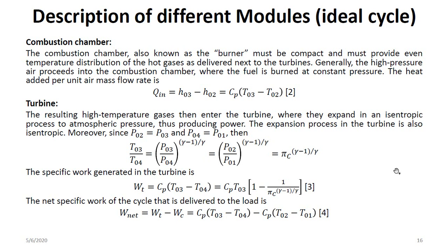And in the combustion chamber, for an ideal case, we've assumed that there will be no pressure drop, and the heat added per unit air mass flow will be equal to the total enthalpy at exit minus the total enthalpy at entry to the combustion chamber. 3 is exit of the combustion chamber but entry to the turbine, and 2 is exit of the compressor but entry to the combustion chamber.